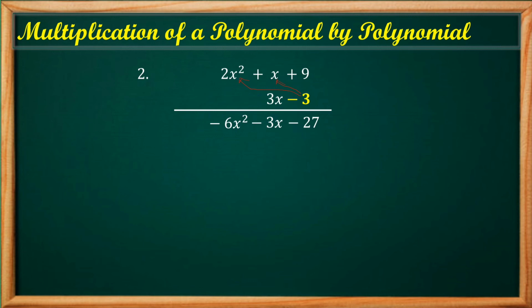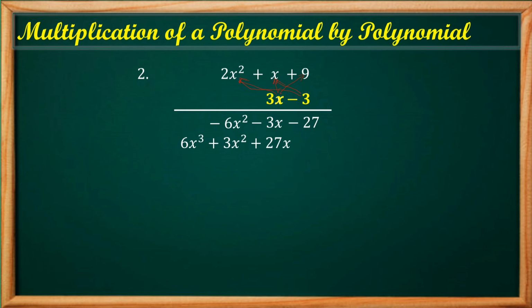Next na naman, we will have 3x times 9. Ayan siya. 3x times 9. Therefore, you will have 27x. The same kapag mag-multiply tayo ng mga basic na number. Diba? Sa baba niya. Next, 3x times x is 3x squared. O, tapos, 3x times 2x squared, that is 6x cubed.